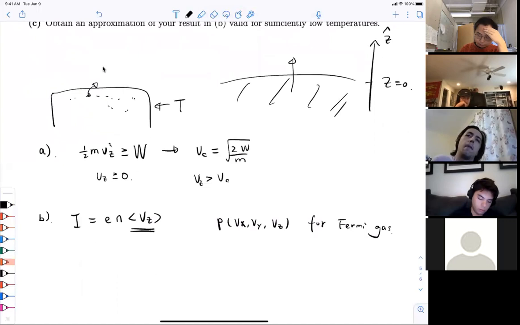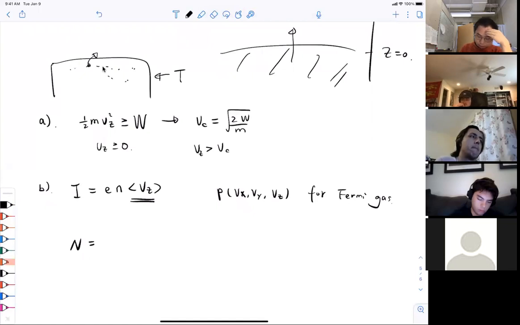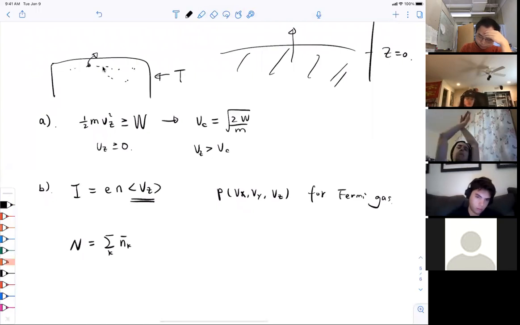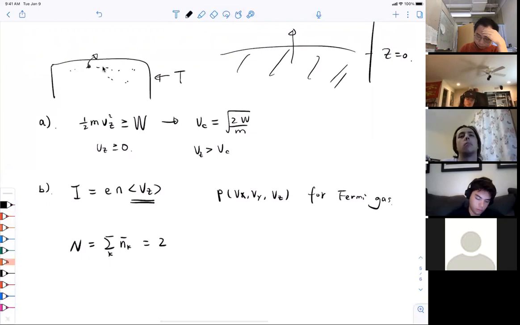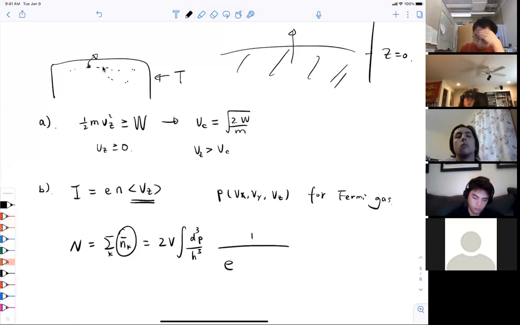So what is this guy? Let us write down the total number of particles, similar to what we did before, sum over k and sigma, which is g, in this case the degeneracy is 2, and V is the volume, times 1 over e to the beta times (m V squared over 2 minus mu) plus 1.